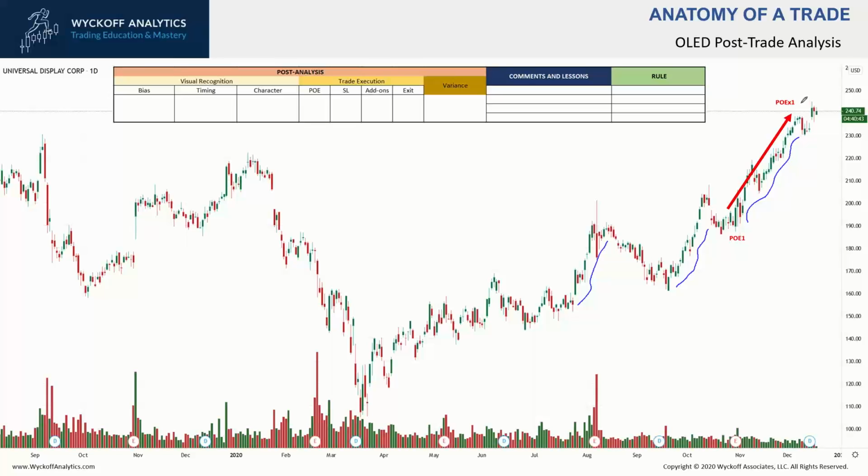Why? Because, first of all, we see some continuation of pricing right here. So exiting on this mini climactic bar would be even better. But the idea here was, look at the spread, how the spread is starting to diminish.